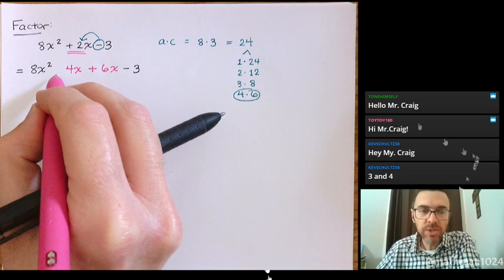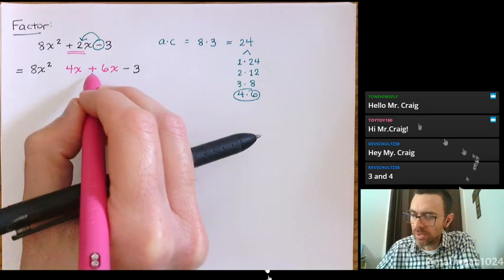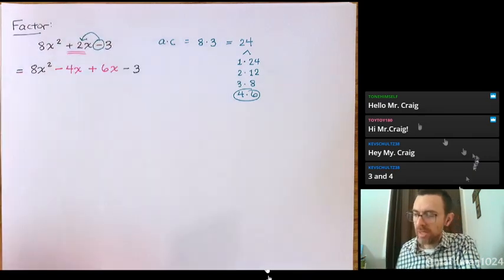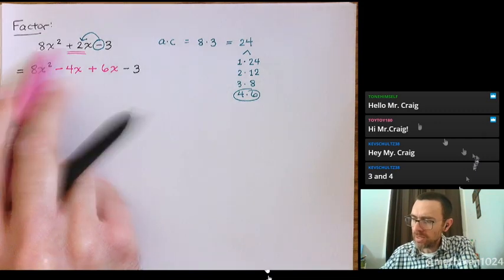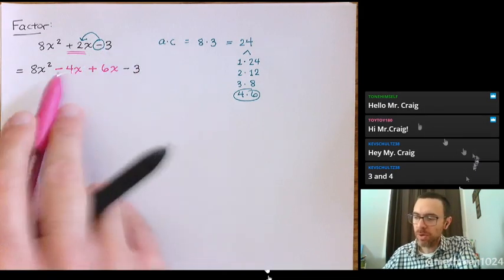We just need to figure out what this sign is going to be. In order for us to have a positive 2, they can't both be positive, because that would combine to a positive 10x. So this guy needs to be negative, which I think makes sense for us, because when you do 8 times 3, you only got this negative right here, so that negative has to go somewhere.